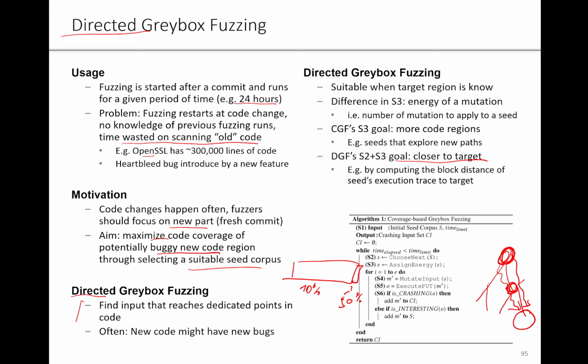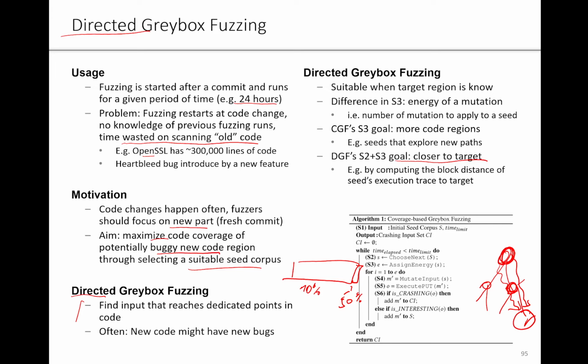And if you go in the wrong direction, then you say this is of less interest, I don't want more mutations of it. So by simply checking where we are in the code and whether we get closer to the region that we want, we can direct the mutations in that direction so that we quickly arrive at the new code part.